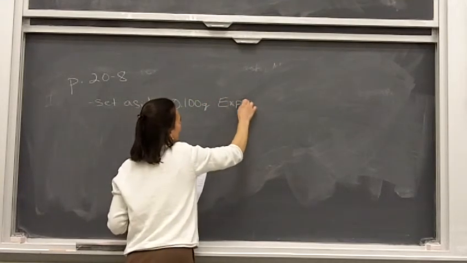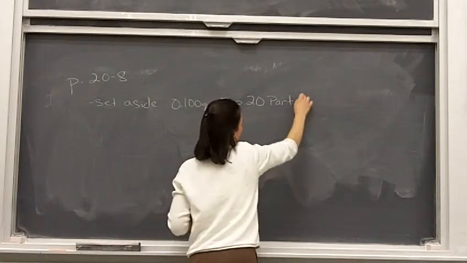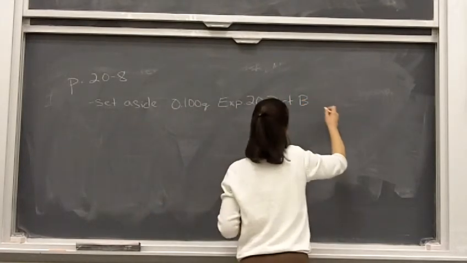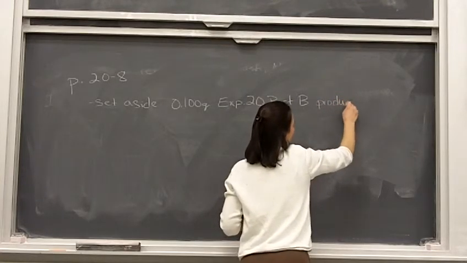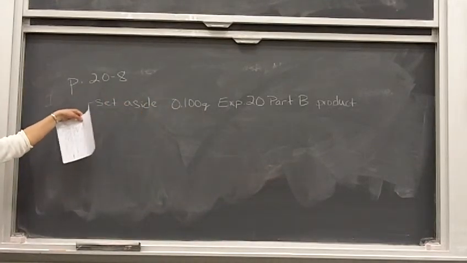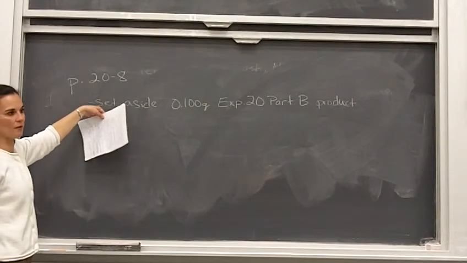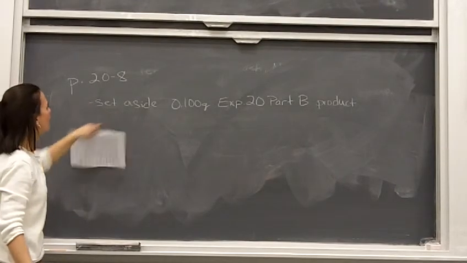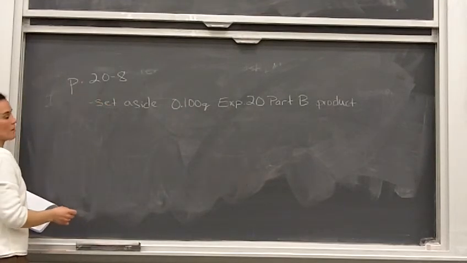You're going to use that for TLC 2 weeks from now, to compare it to your part C product. So put that in a vial and store it until 2 weeks from now, and we'll make a TLC mixture for it. We'll just dissolve it in some ether, and you'll be able to use it as a TLC standard, okay? So set aside 0.1 grams of your experiment 20 part B product.